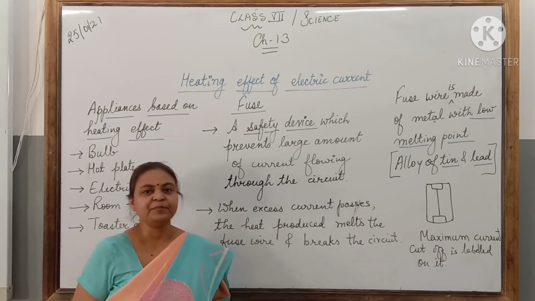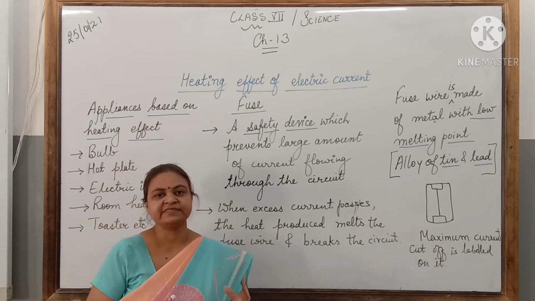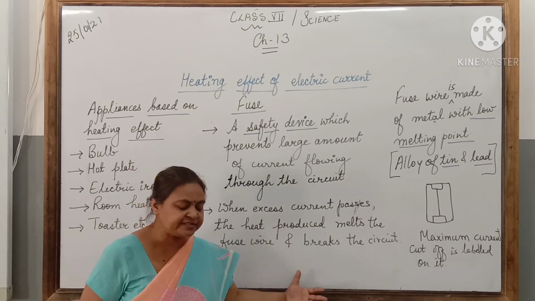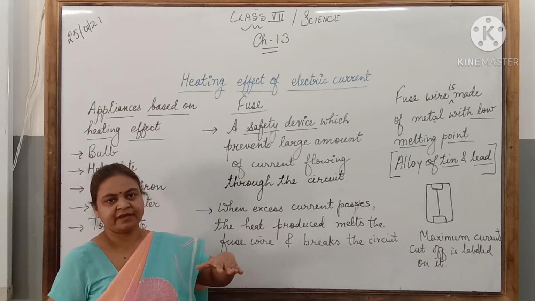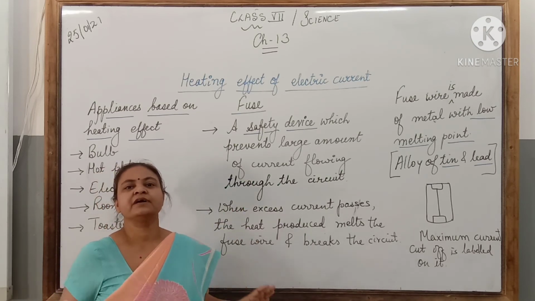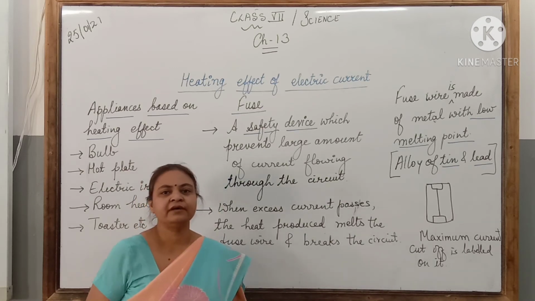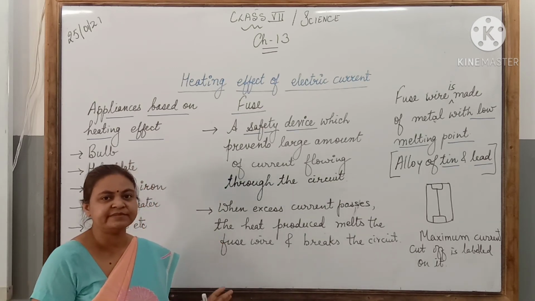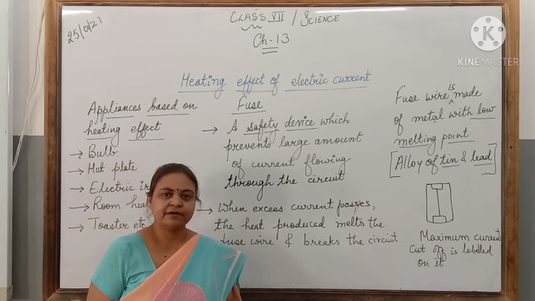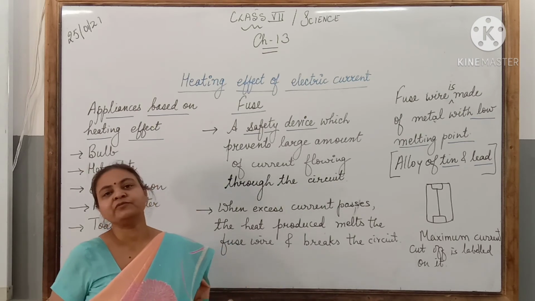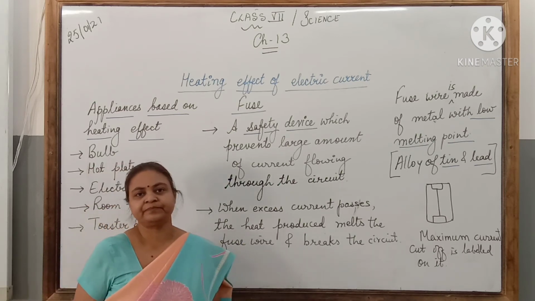MCBs can be easily switched on. When high current passes, the MCB trips and just switches off the current. Later on, we can simply switch on the MCB. You must have seen the MCB at home, in the school also it is there, and it has an advantage over the fuse that you don't waste any time in repairing the wire, right?